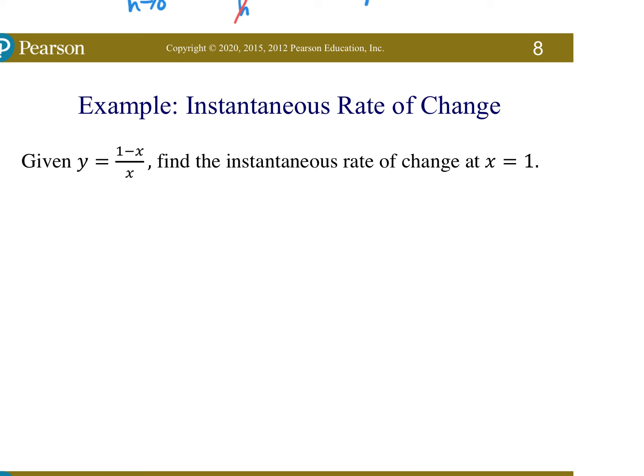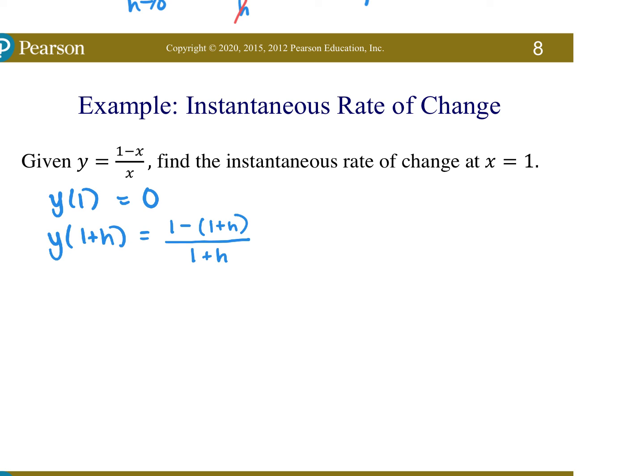It's the algebra. So we want to know what y of 1 is, and we want to know what y of 1 plus h is. Y of 1, who's got that value? If you just drop 1 right in there, 0. Y of 1 plus h would be 1 minus the quantity 1 plus h, all over 1 plus h.